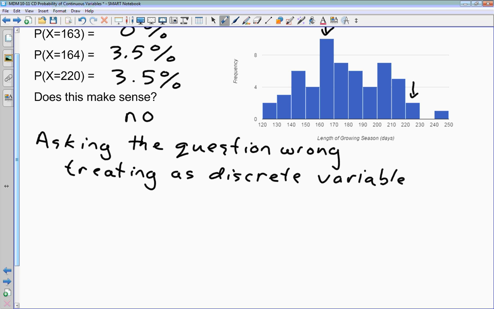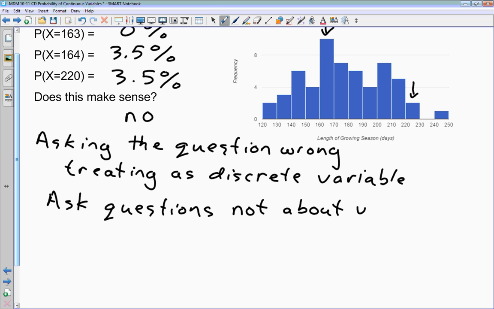So if we want to think about it as a continuous variable, we're going to ask questions not about specific values, but about ranges of values.